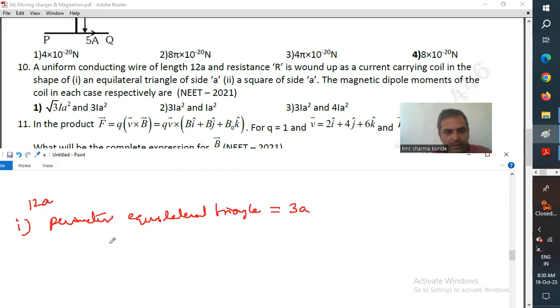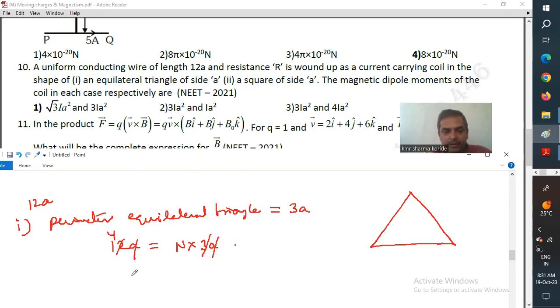So therefore, within 12A, how many turns of equilateral triangle we can prepare? So it is going to be N into 3A. So number of turns going to be, look at this, A and A get cancelled, 3 4s. So therefore, you can make a coil of equilateral triangle with 4 turns. So number of turns are going to be 4.